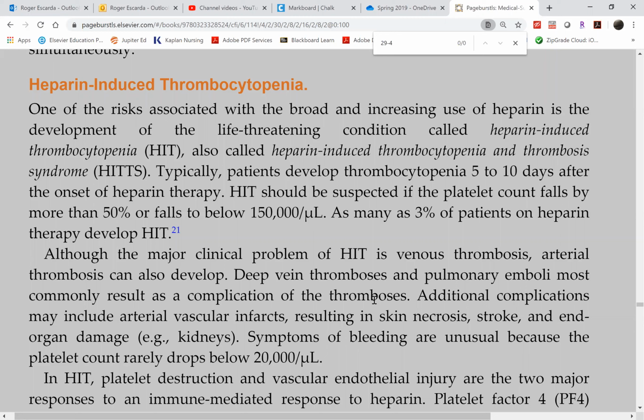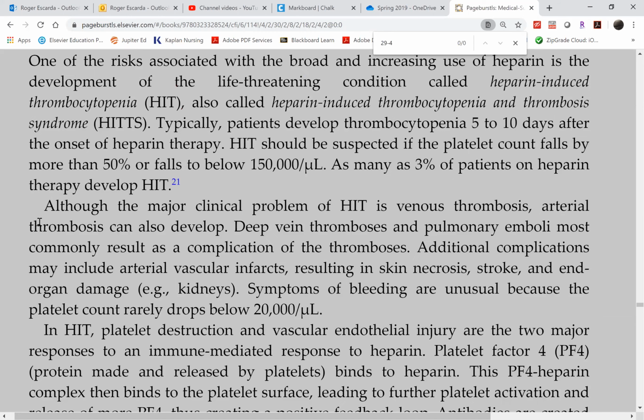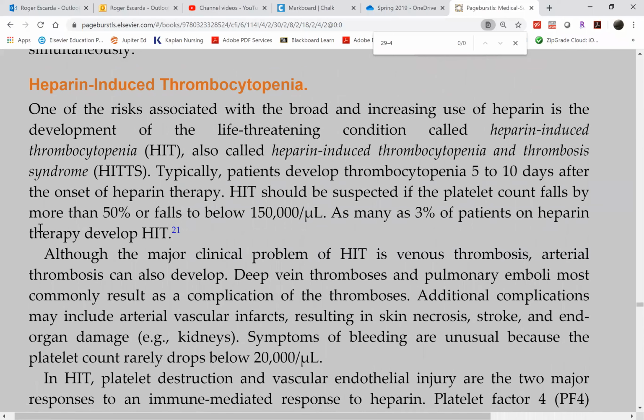By so doing, they use up all the platelets. There are two types of HIT. The most common one develops within 24 hours of exposure to heparin. There's also another type wherein the process occurs later after exposure to heparin. But in both cases, the platelet count drops below normal.